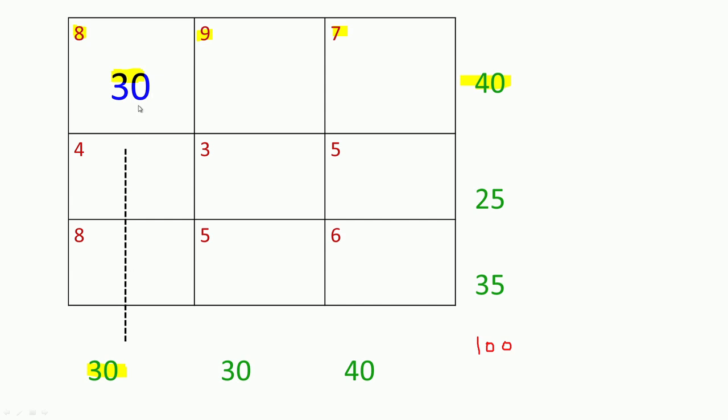So, x11 is equal to 30, x21 will become 0, x31 will also become 0. Now, when we have allocated 30 out of the 40 available here, the 40 will now become 10, which is the remaining quantity available for allocation.